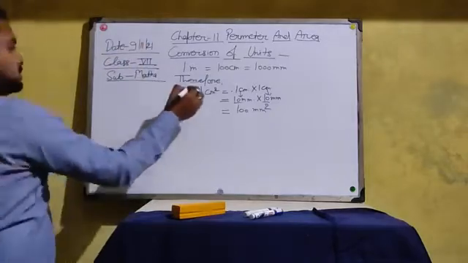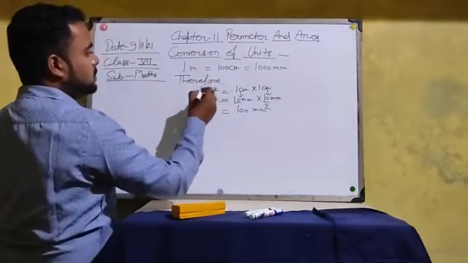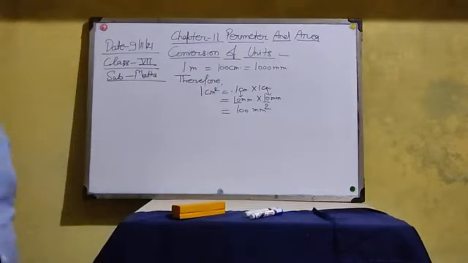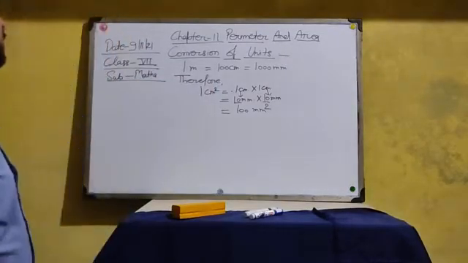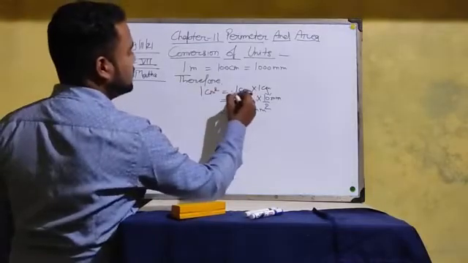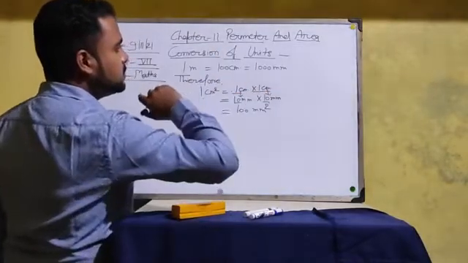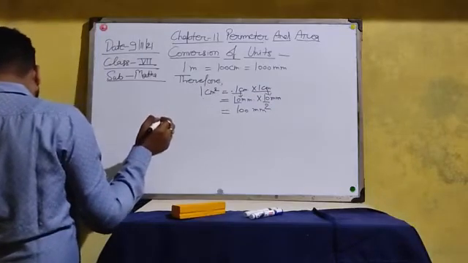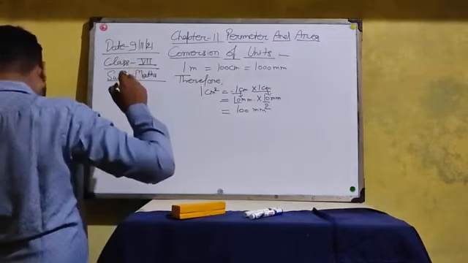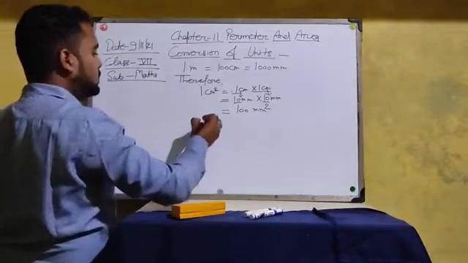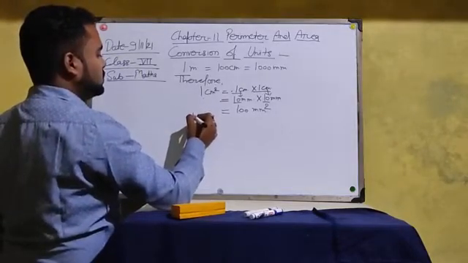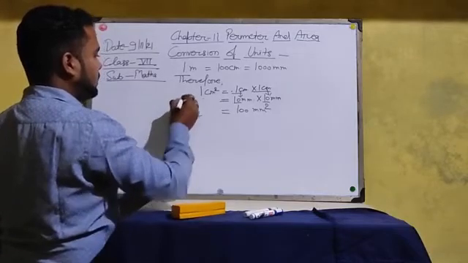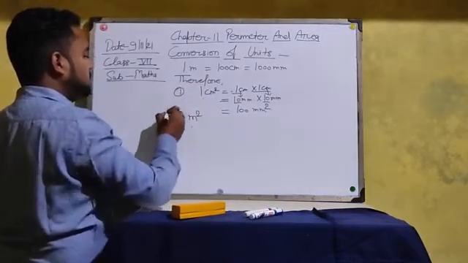Okay, that is the conversion of unit of area, because 1 centimeter square can be written as 1 centimeter into 1 centimeter. Now this is the first and this one is second.